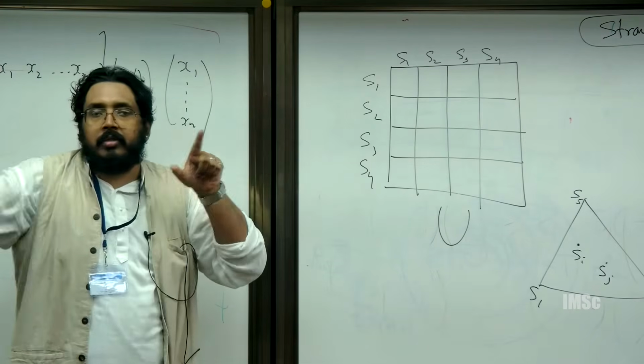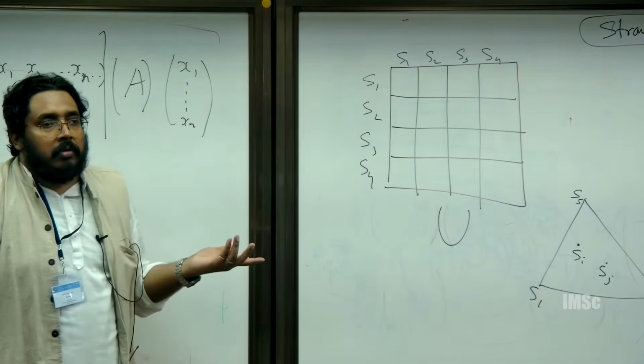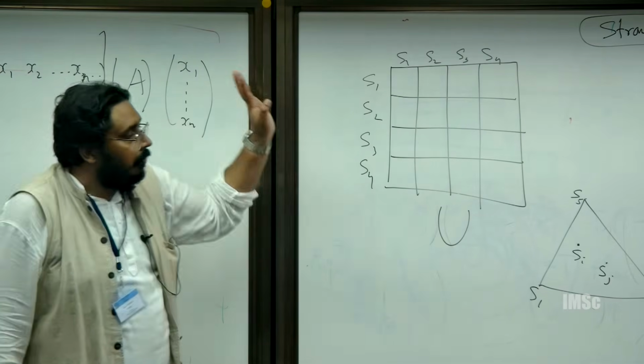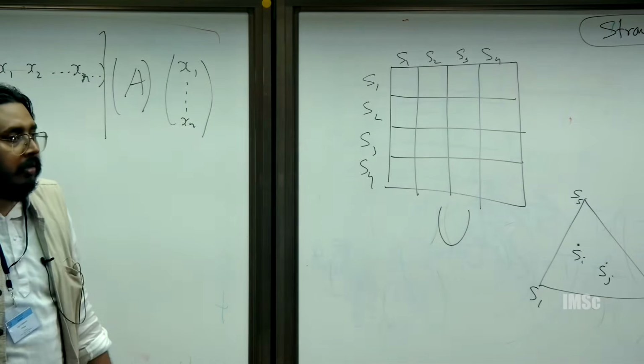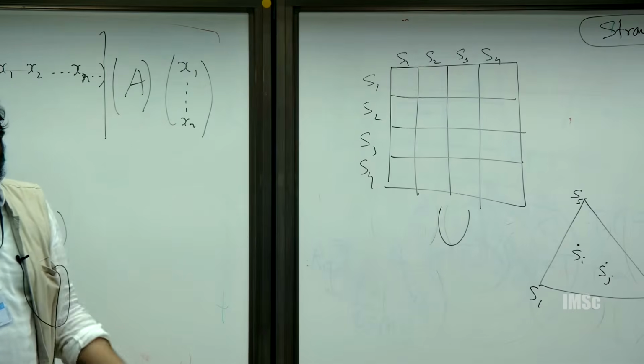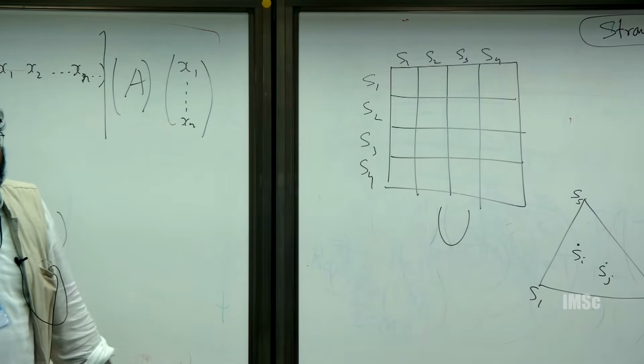So, those are corners on the axis, but you have other mixed strategies possible. What are those? Any possible point on that simplex. So, you have many actions possible. How many? Uncountably, infinitely many actions.